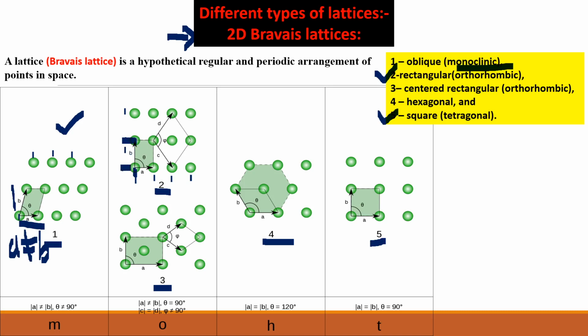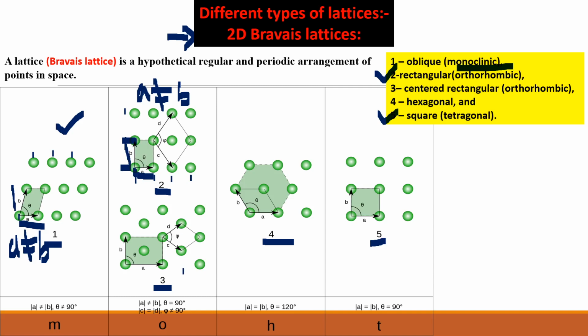Calculate this size; it is not equal to this size. It means here also a is not equal to b, but theta is equal to pi by 2. So the conventional unit cell is rectangular. This type of Bravais lattice indicates an orthorhombic crystal structure. Keep in mind that here a is not equal to b, but theta is pi by 2.